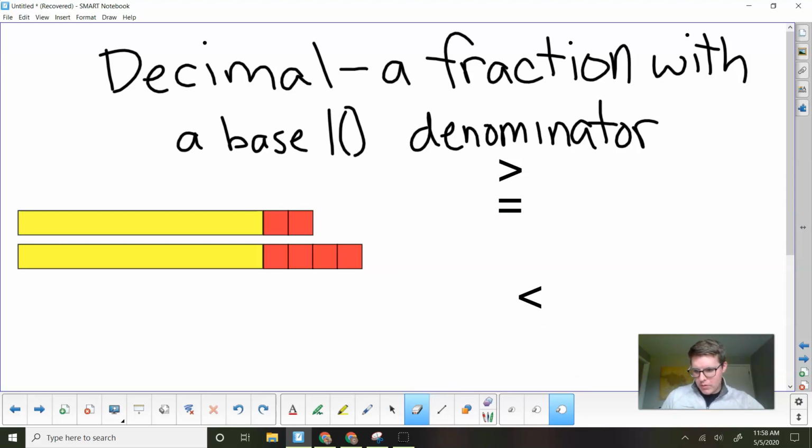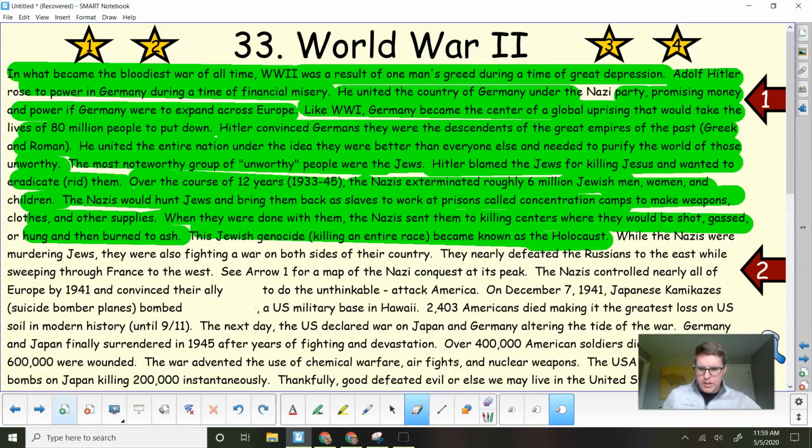All right, now it's time for some US history. So yesterday we talked a lot about the start of the war and we talked about the Holocaust. The Holocaust was the extermination of all the Jews. Hitler wanted to get rid of Jews because he hated them. He thought they were unworthy. It doesn't matter what kind of a person you were.